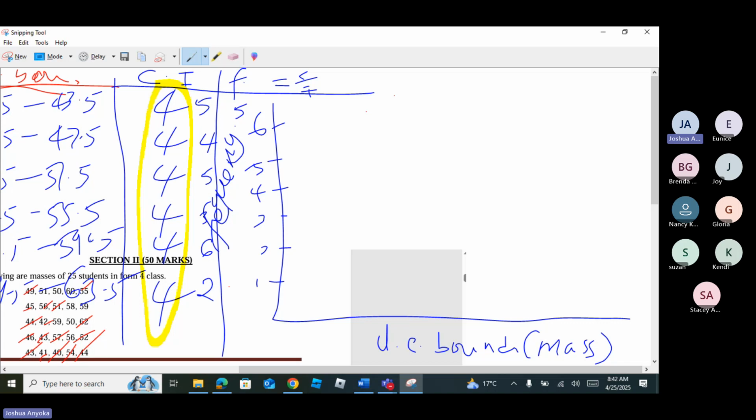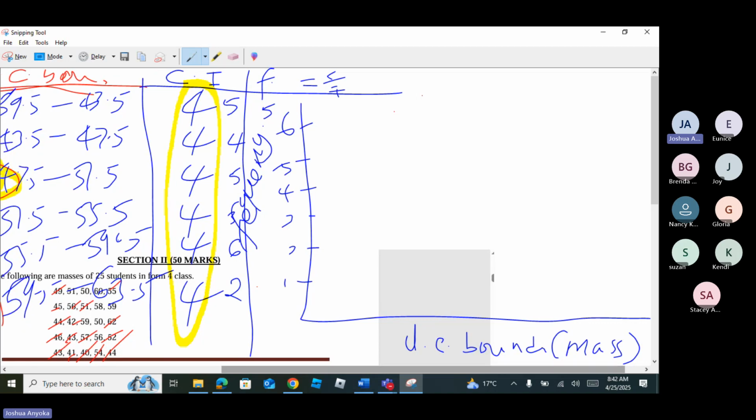We start from the lower class boundary of the first class, which is 39.5. It goes to 43.5.